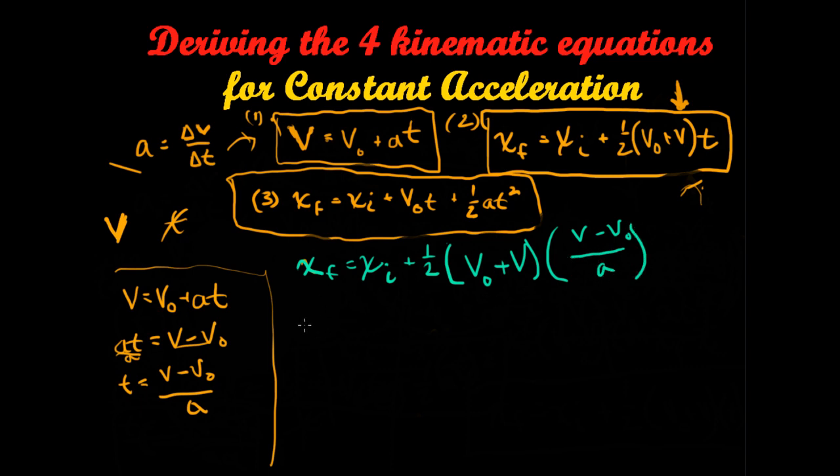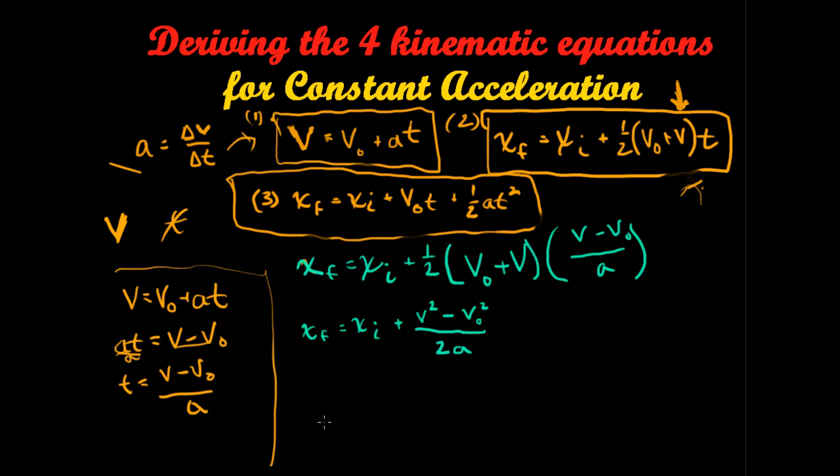So simplifying this, we have the final position is equal to the initial position plus, now if you multiply these together, you're actually going to get final velocity squared minus initial velocity squared. And go ahead and verify that using the distributive property, but I'm going to run out of space if I do it here. And then all of that is over 2a.